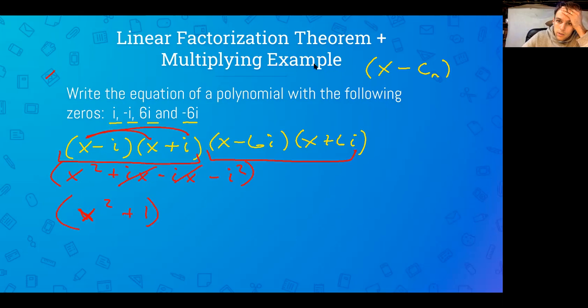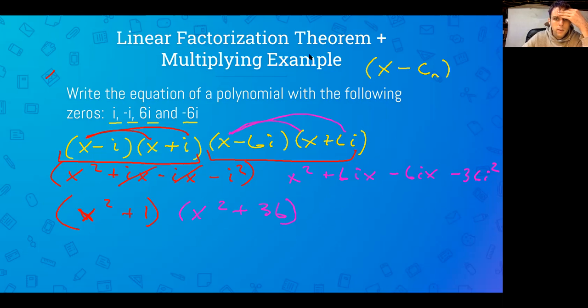And now let's do the other side. So we've got x times x, x squared, plus 6ix minus 6ix, minus 36i squared. So that's actually going to end up being x squared plus 36.